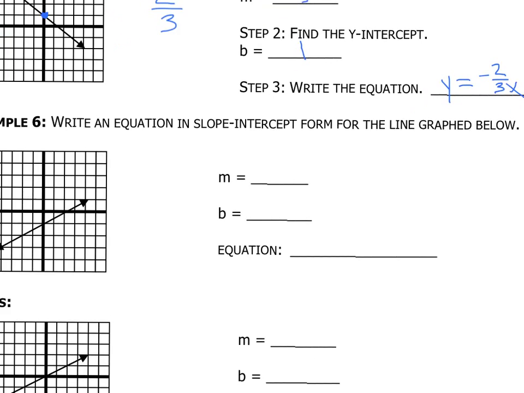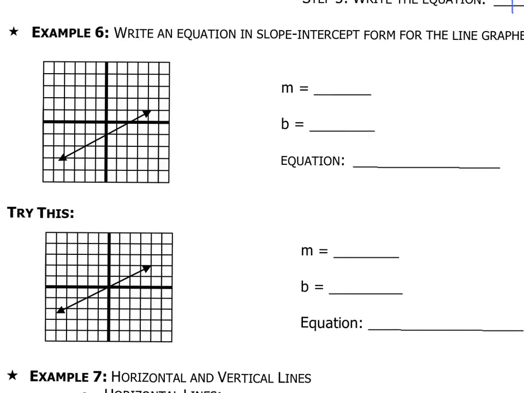Okay. Going to example number 6. Again, start with the y-intercept. It looks like it crosses right here, so that is a value of -1. And then for the slope, you know that it crosses right there. Where else does it cross? Looks like it crosses again right here. Now, this line is going up.